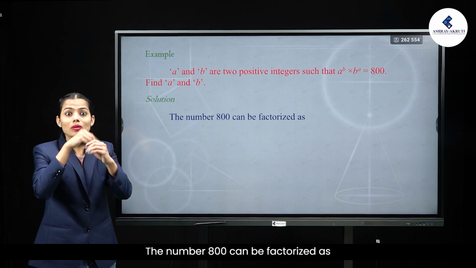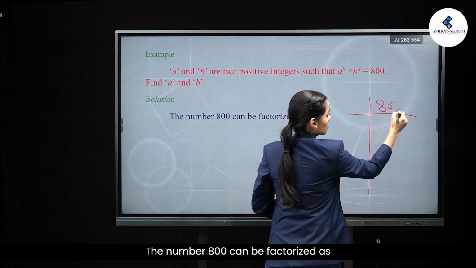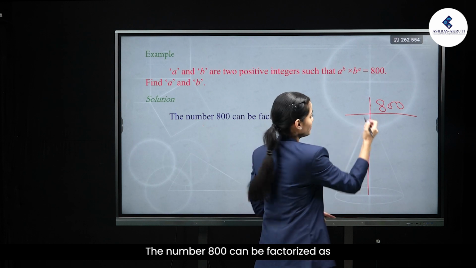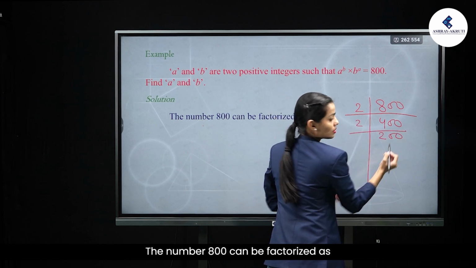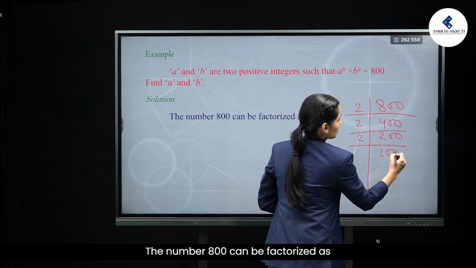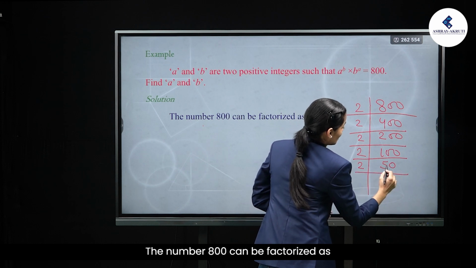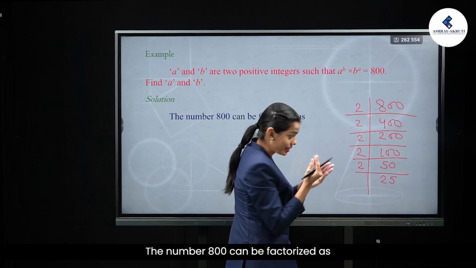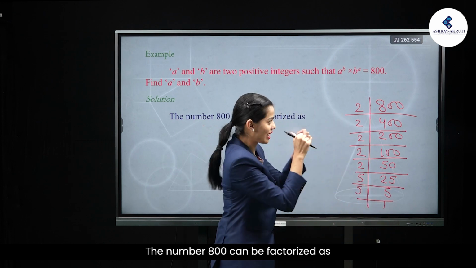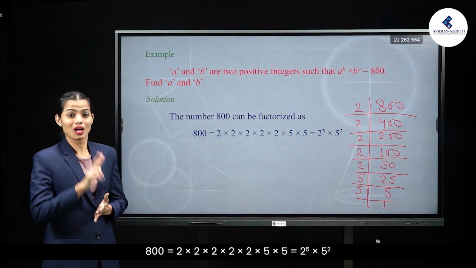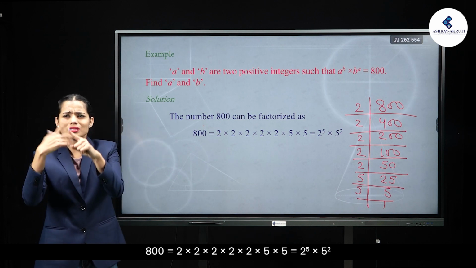Solution: the number 800 can be factorized as 800 is equal to 2 into 2 into 2 into 2 into 2 into 5 into 5, which is 2 power 5 into 5 power 2.